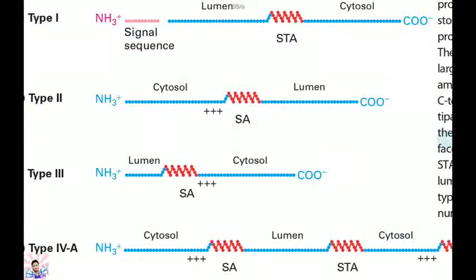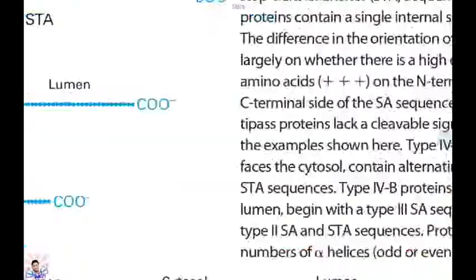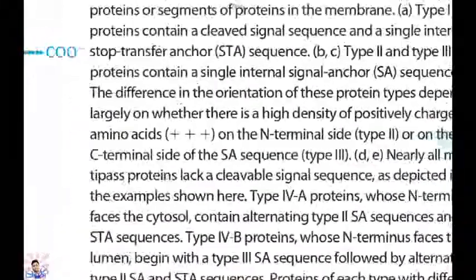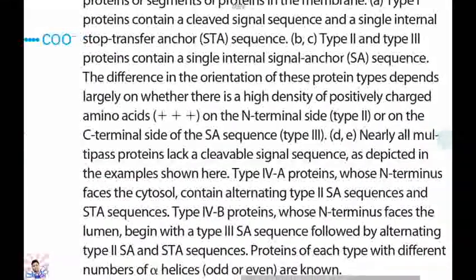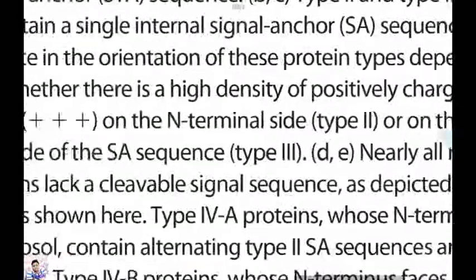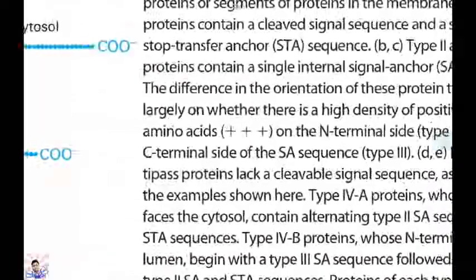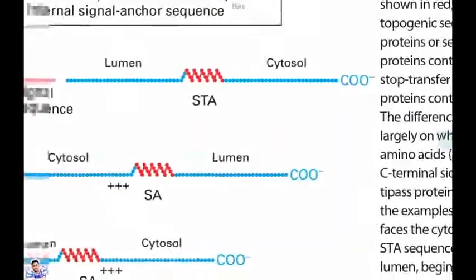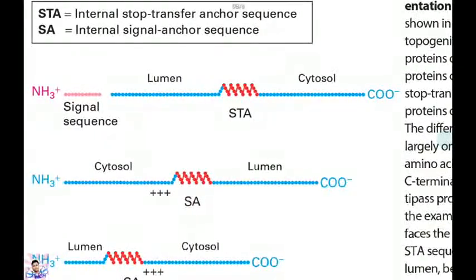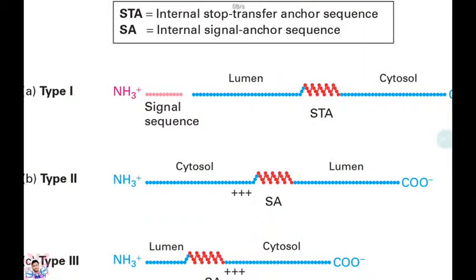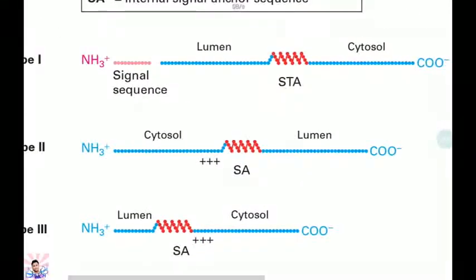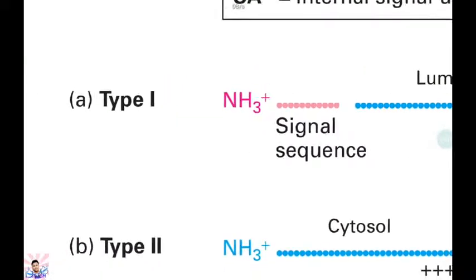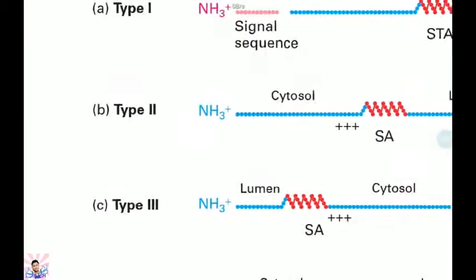There is a high density of positively charged amino acids on the N terminal side of type 2, whereas it is on the C terminal side in type 3. Forget about this, you just put a single STA molecule in type 2, which means type 1. So type 2 and type 3, this is the basic difference you can understand here.